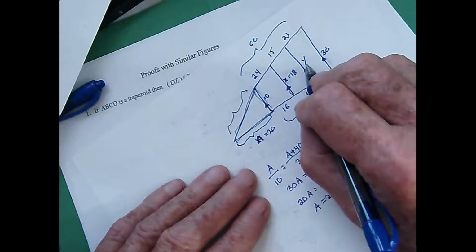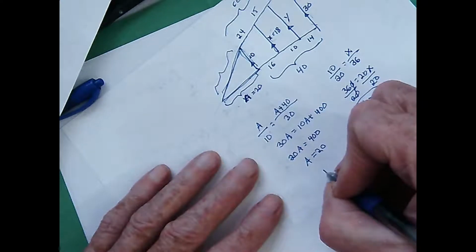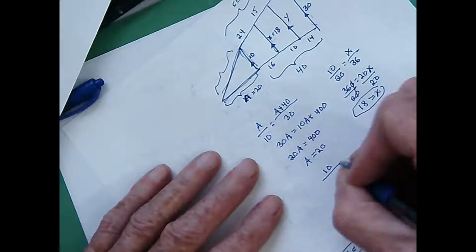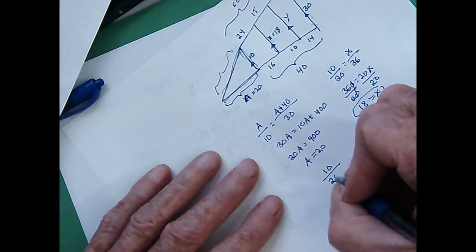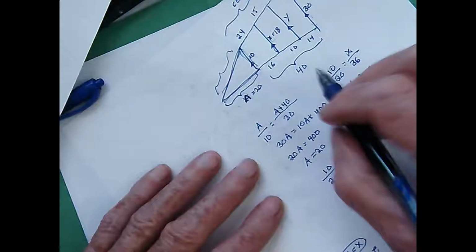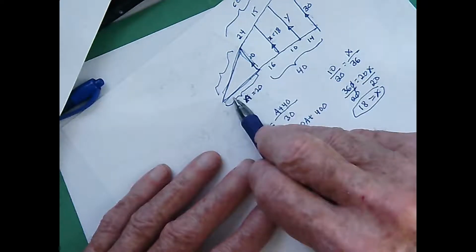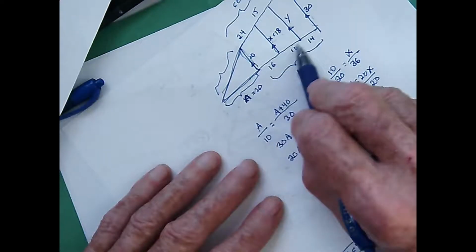Now I'm going to go for y with the same ticket. 10 is to 20 as y is to the full length across the bottom to this point. That would be 20 and 26. That's 46.